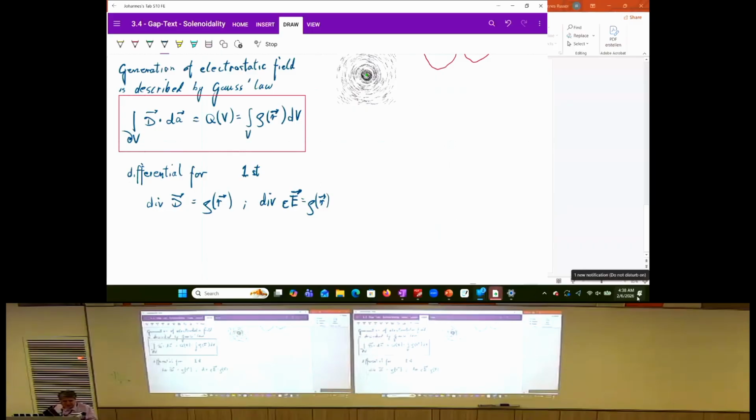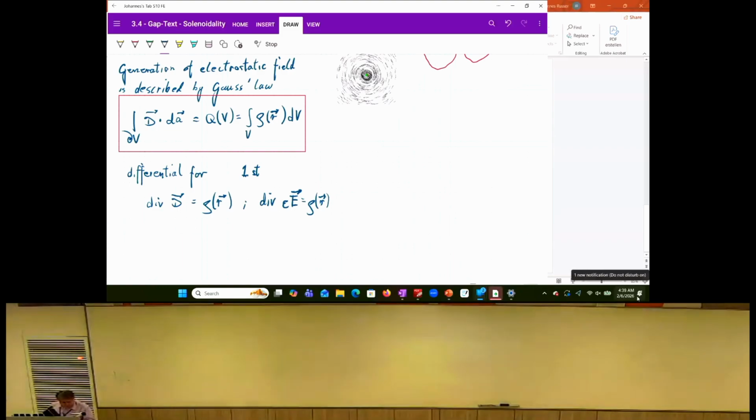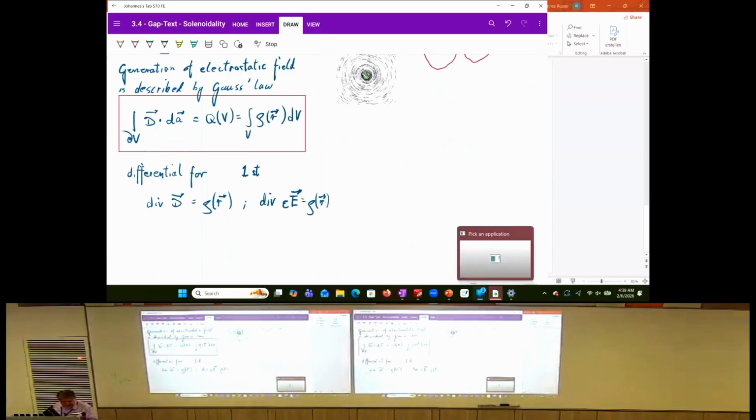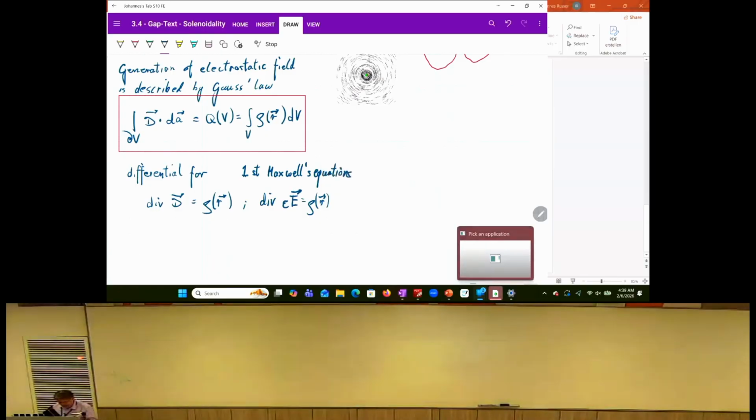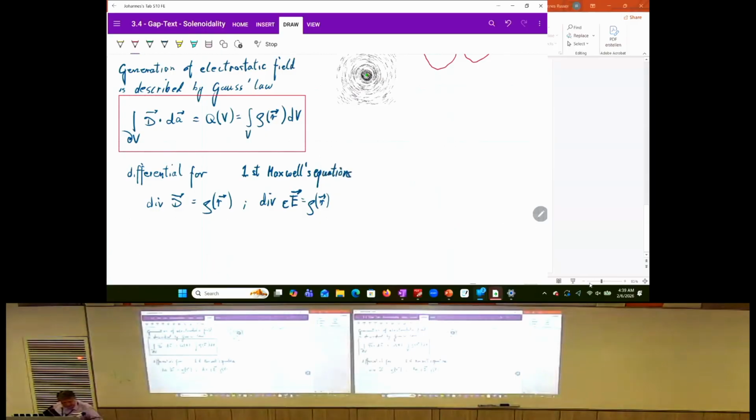And one of those Maxwell's equations you have here now. The others we are getting to as well. This is the first of Maxwell's equations, maybe. That would be a better way to write it, but put it that way now.